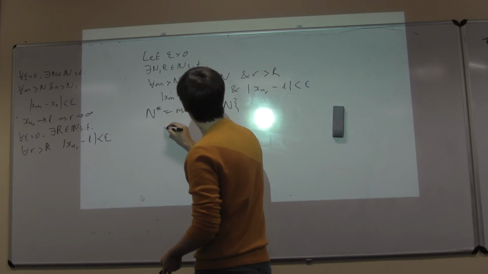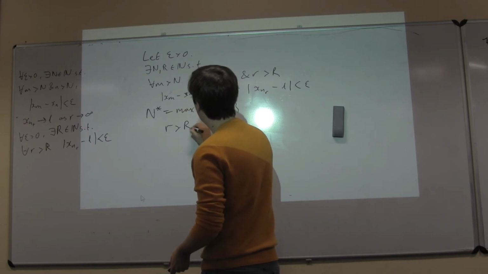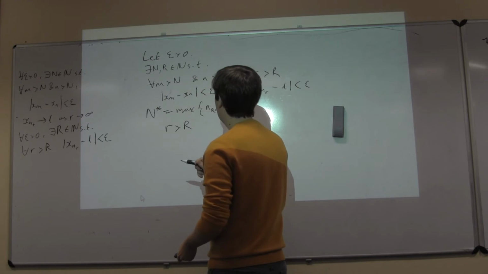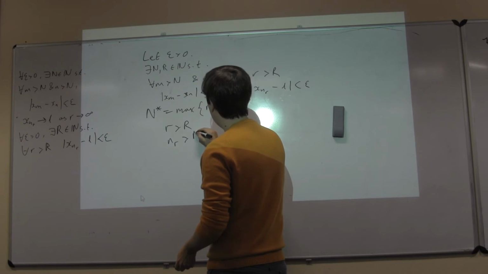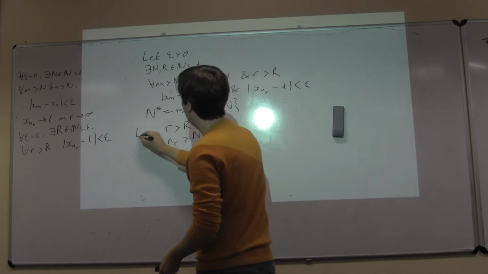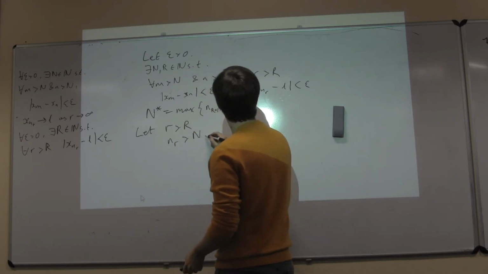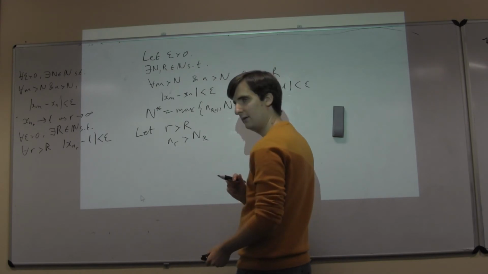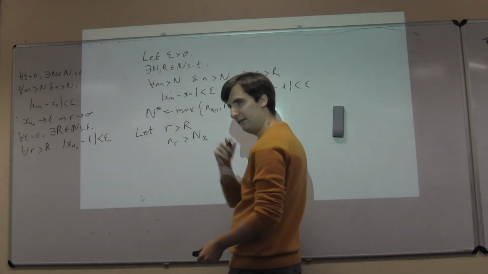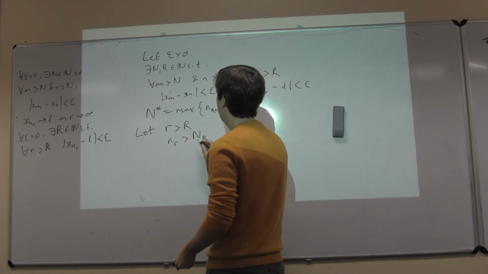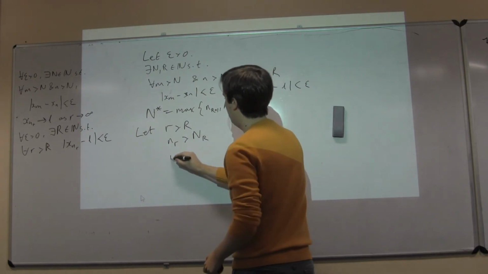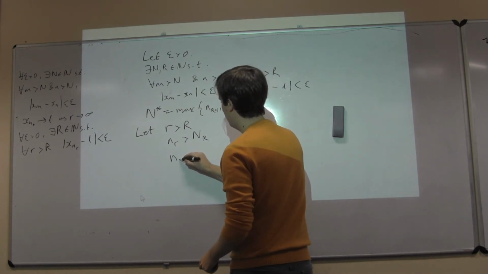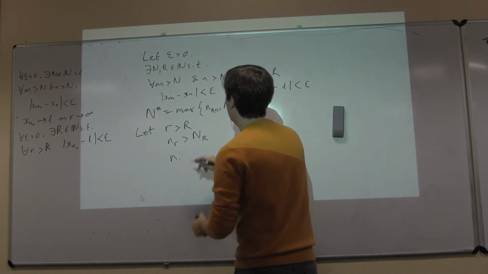If we take some r bigger than R, then n sub r is bigger than n sub capital R, because n is an increasing sequence. Okay, so n sub r is... doesn't work, does it? I'm not trying to find things right.